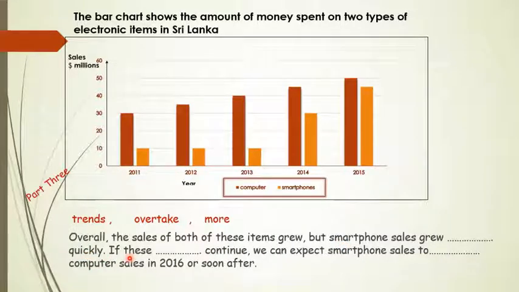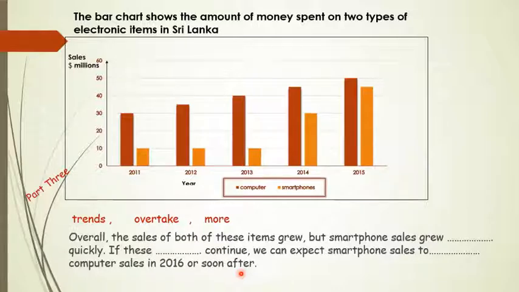If these blank continue, comma, we can expect smartphone sales to blank computer sales in 2016 or soon after. Ready?